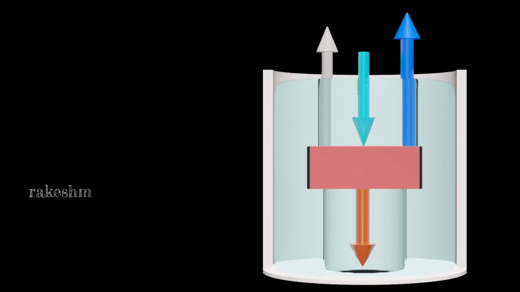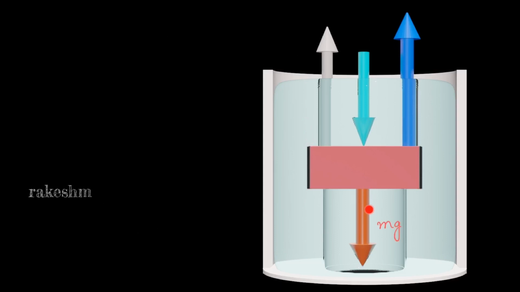In the question he's saying that when this water level starts decreasing, at a particular level this block will move up. So let us first analyze why this happens. To analyze this, we will take the help of the free body diagram of this cylindrical block, and we will observe how the forces on this block change as this water level is decreased.